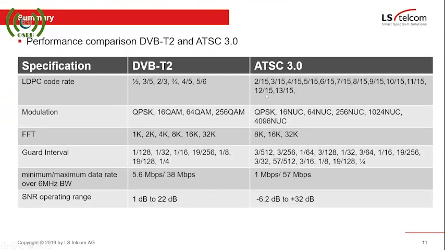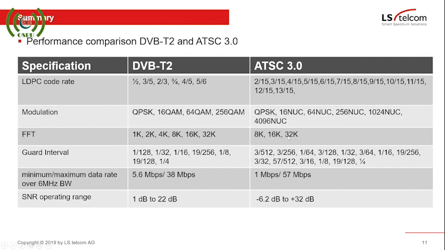Okay, so if we do a comparison between T2 and ATSC3, we will see, yes, the forward error correction and the LDPC coding is expanded. There are many more options to choose from with the forward error correction. Modulation, you can see much higher modulation rates can be achieved.